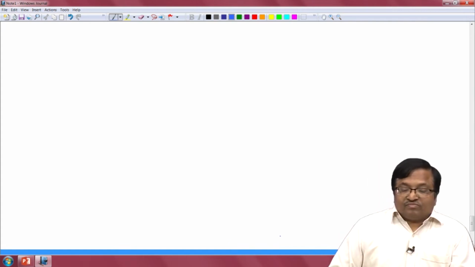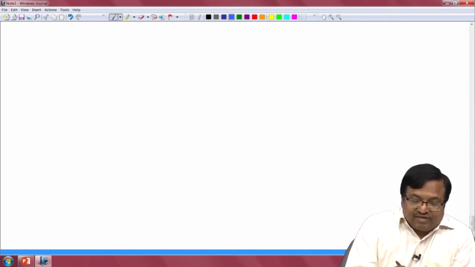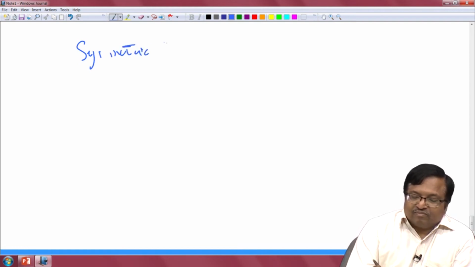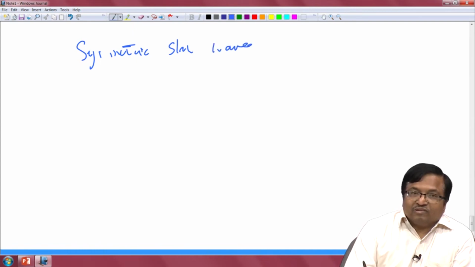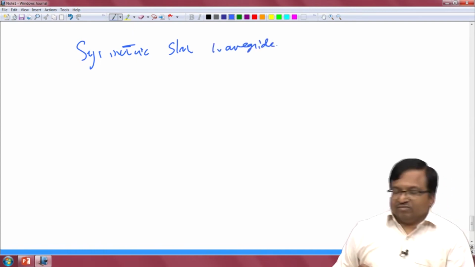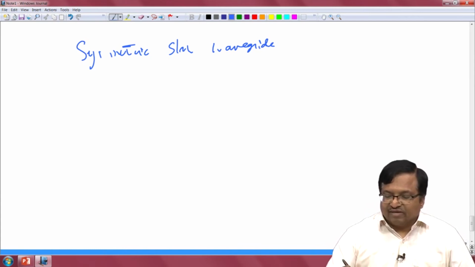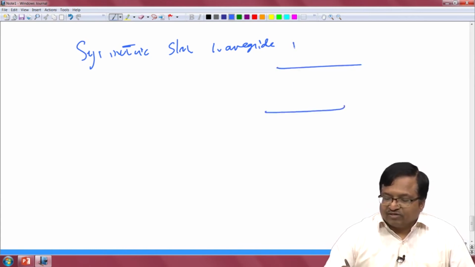Now, in the case of a symmetric slab waveguide, we can expect two types of modes.